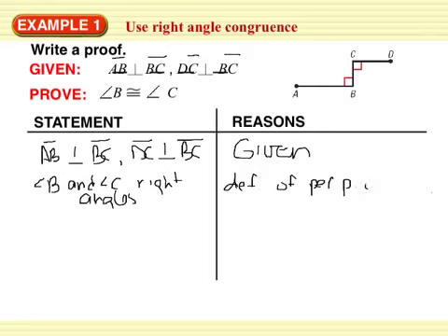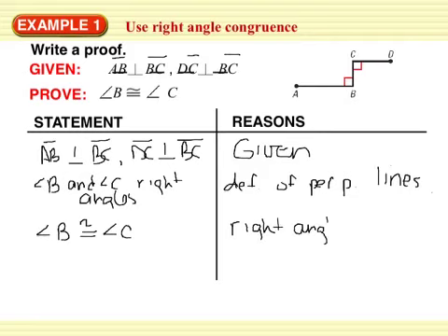Erase. Let's get a video with absolutely no mistakes. Wouldn't that be awesome? Okay, the last step. Now we know that angle B is congruent to angle C because of the Right Angle Congruence Theorem.